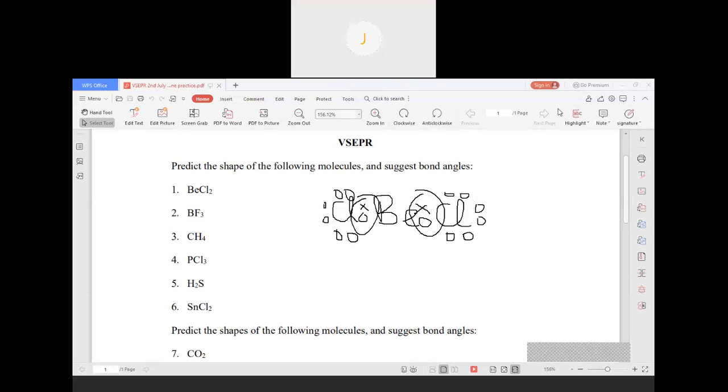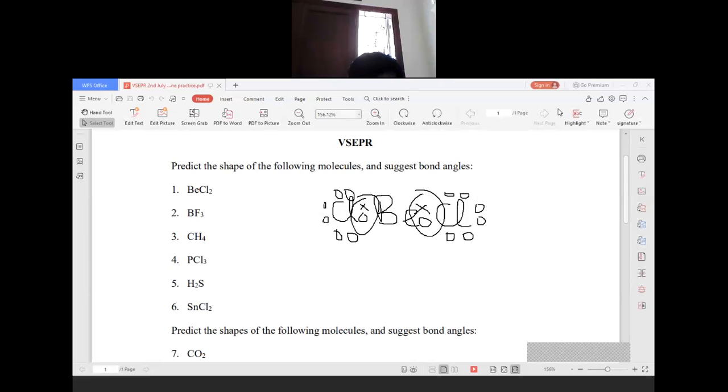And then all these 4 electrons of carbon are being occupied by hydrogen. Therefore, it has 4 bond pairs. If it has 4 bond pairs without any lone pair, what is the size of the angle?